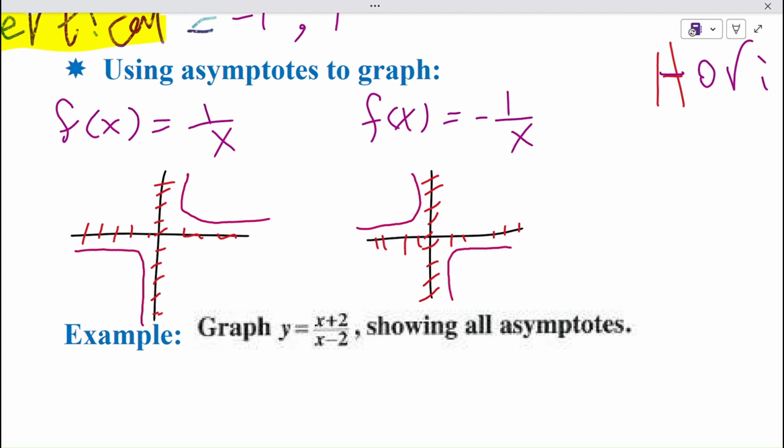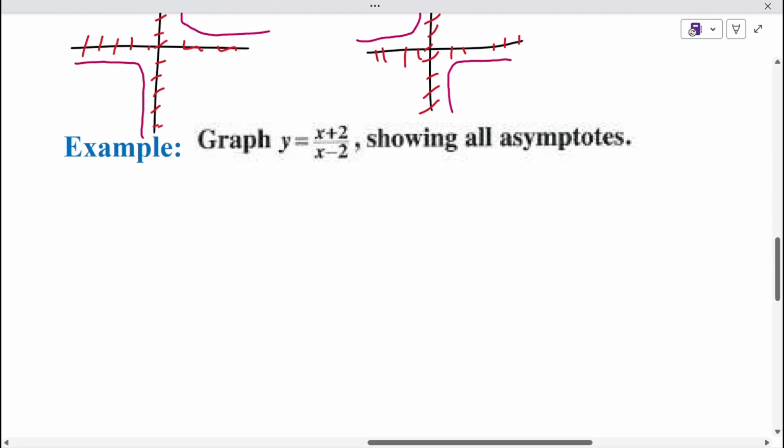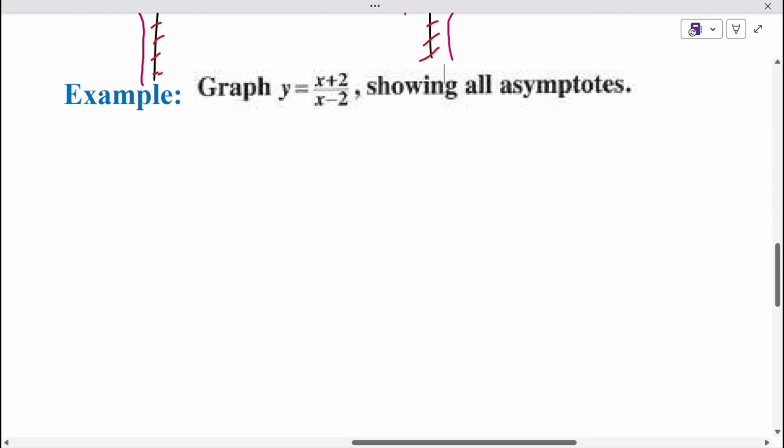So how can we solve these questions? The question says graph y is equal to x plus 2 over x minus 2 showing all asymptotes. For drawing the graph for these kinds of questions, at the first you have to find out all asymptotes.